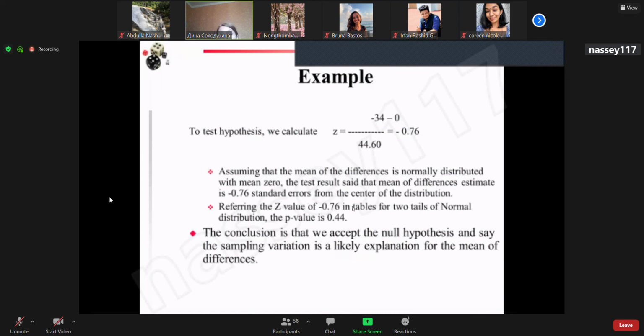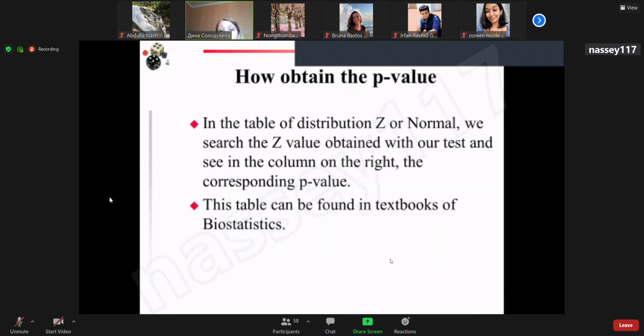It's extremely large because 0.44 is much more than 0.05. So we say that the null hypothesis is true. So there is really no difference, and this sampling variation is just by chance because our p-value is too large. So we cannot reject the null hypothesis.